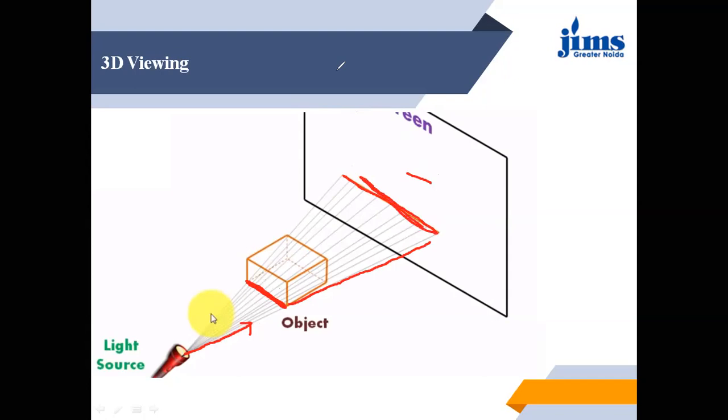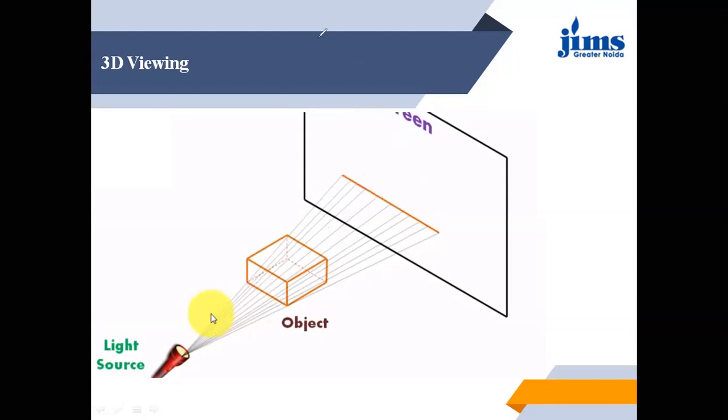When all the rays project from one edge, that is the below edge of this object, this is the projection of this object. Keep in mind that we are seeing the projection edge by edge. So first we are discussing this lower edge.